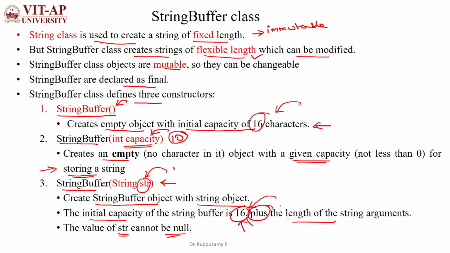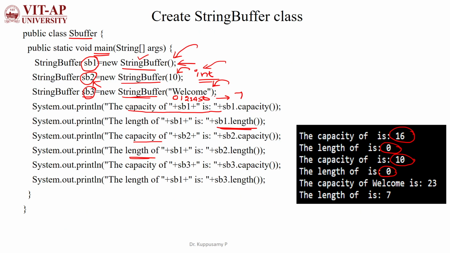Welcome has length 7, and 16 is already there, so 16 plus 7 gives a capacity of 23. Then the length of the string sb3 is 7, so that 7 is printed here, right?